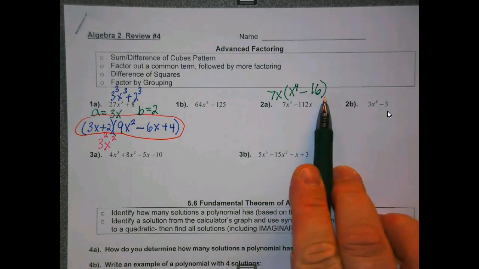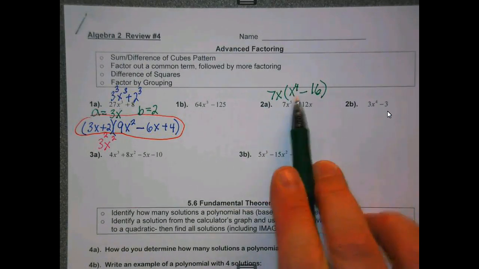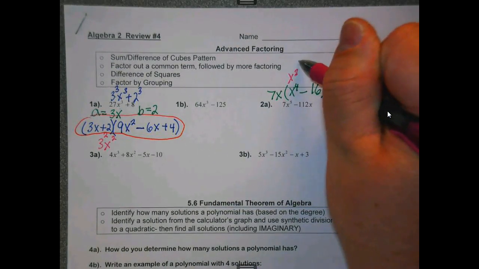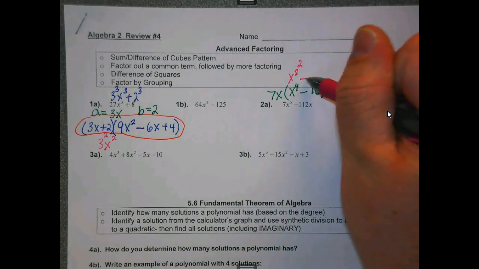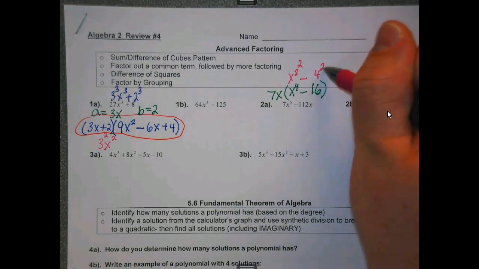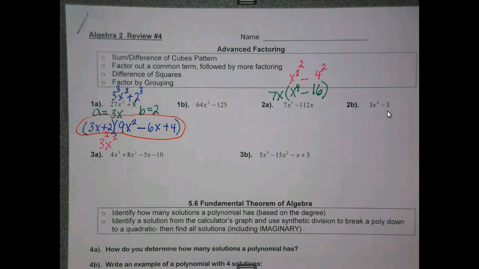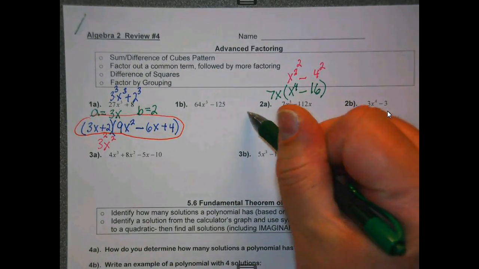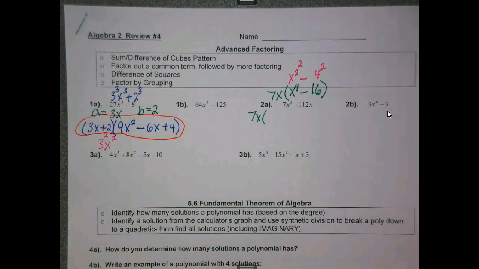This is a difference of squares. Okay. I have x squared being squared, and I have 4 being squared. So I follow the formula for that. Don't forget your 7x. What's my A and my B?